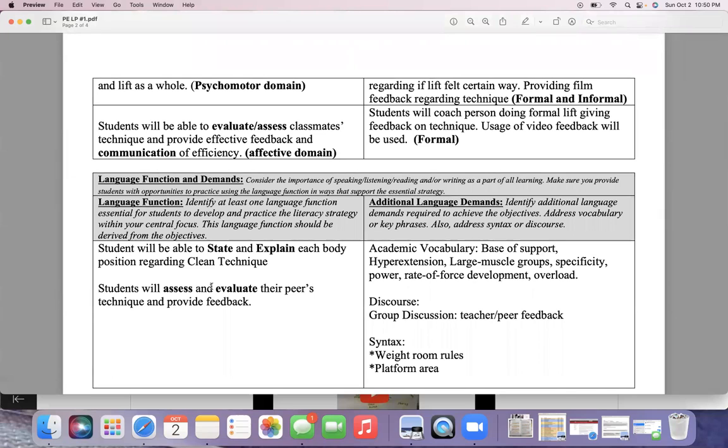Next, we have the language function and demands. So considering the importance of speaking, listening, reading, and or writing as a part of all learning, how will we provide opportunities for students to practice these language functions?